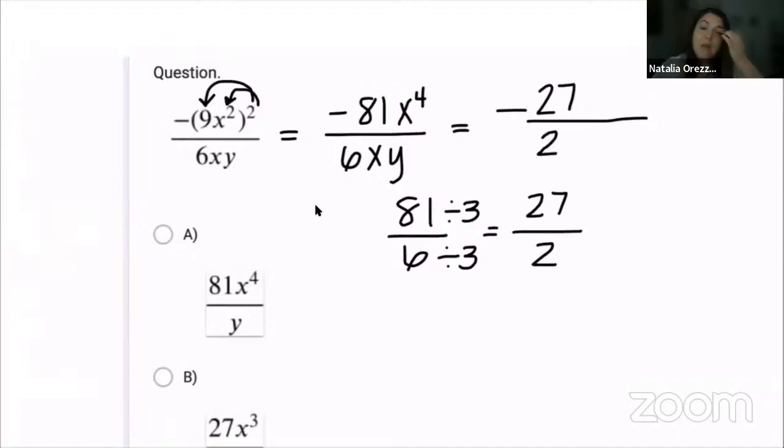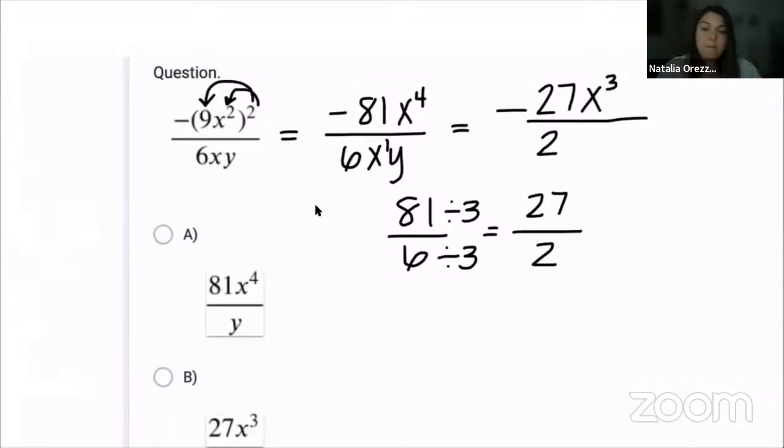Now I move on to my variables. When I have variables in an algebraic fraction, for the variables that are the same, I subtract the exponents. So here, x: 4 minus the 1 that's in the bottom gives me 3. Because it's positive 3, it's going to stay on the top.